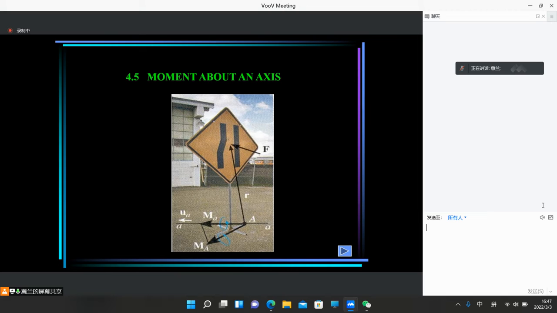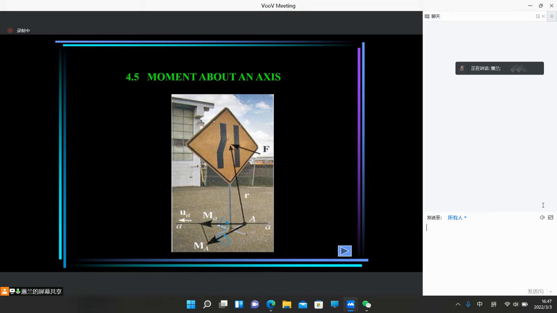And in the 2D case, we mean if the forces and the points are coplanar, and this time we can regard moment as 2D, because the direction of the moment according to the right-hand rule is always perpendicular to the plane of the force and the point, right?